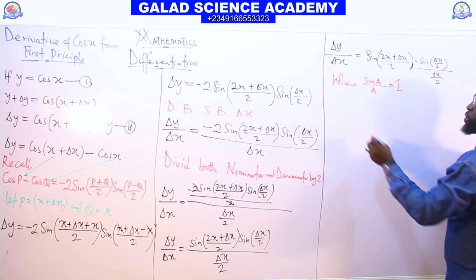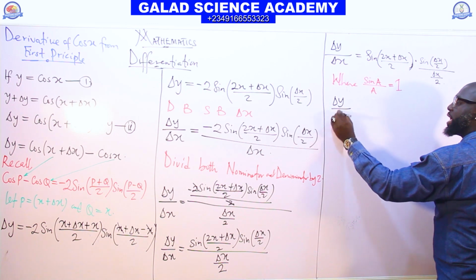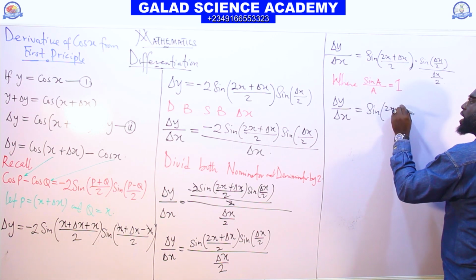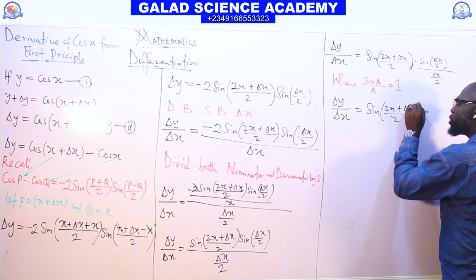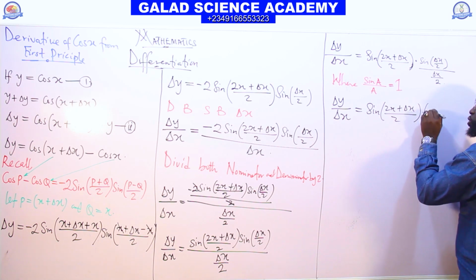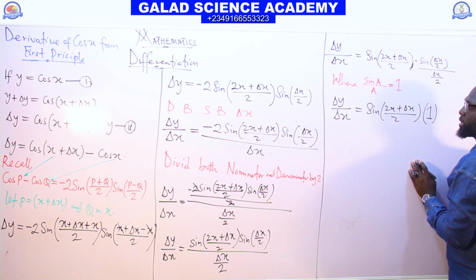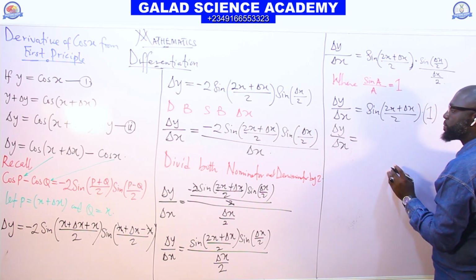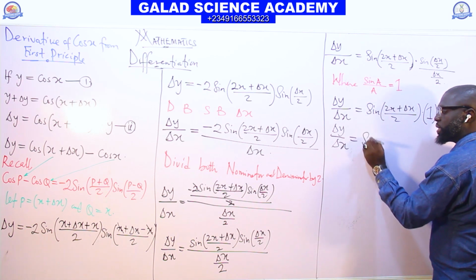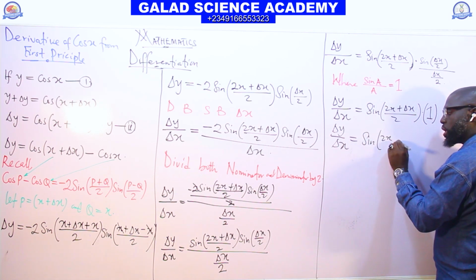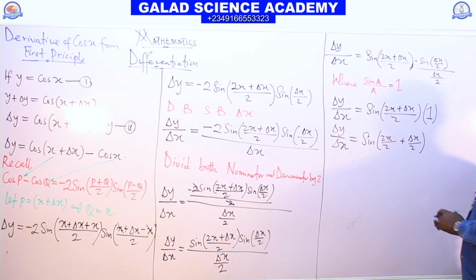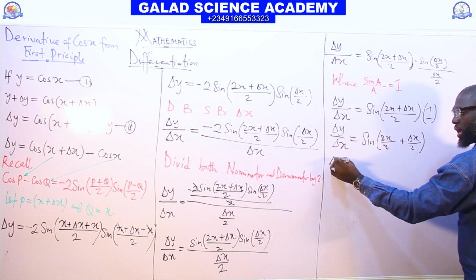So dy over dx should be equal to sine of (2x plus change in x) over 2. This can also be sine of 2x over 2 plus change in x over 2. If you split this by fraction, these 2s cancel, and we are left with this.